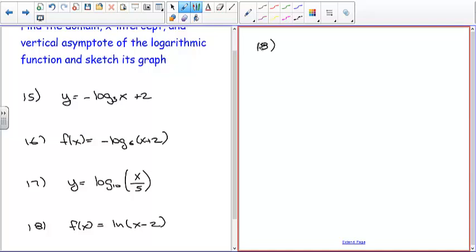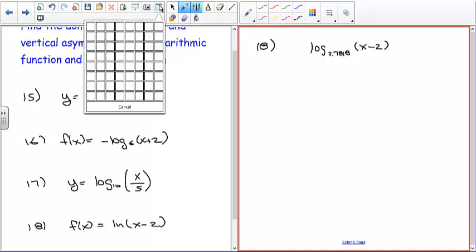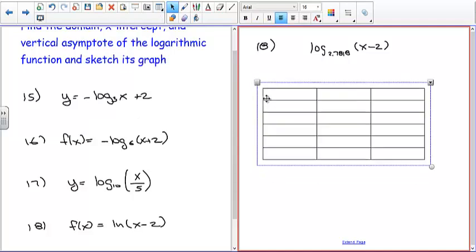Okay, so here we have the natural log. The natural log is log to the base e, which is 2.718, and you have x minus 2. So again, we're going to make up our table like this.